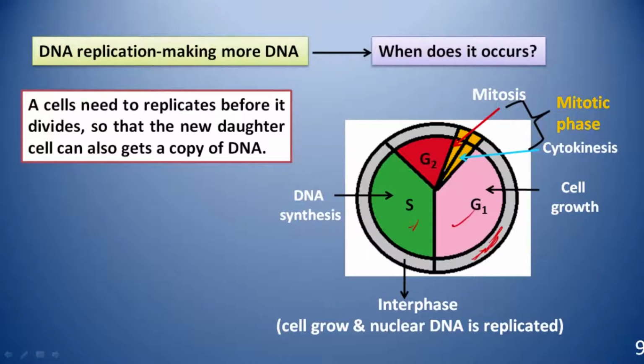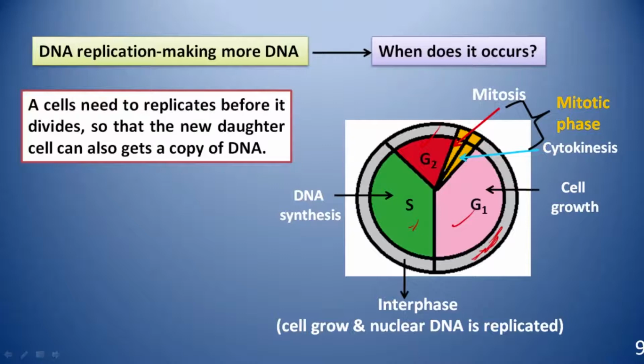Then finally in G2, the cell double checks the duplicated chromosomes for errors, meaning an error repair mechanism occurs, to check whether any duplicated chromosomes have errors. And finally it goes to the mitosis phase.